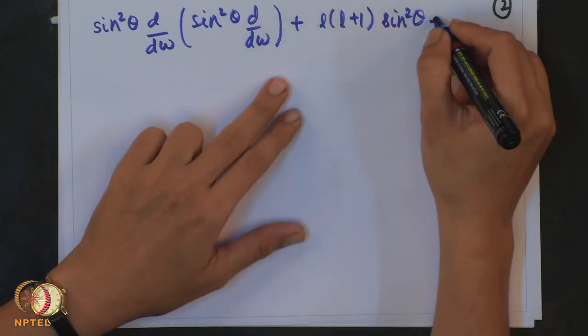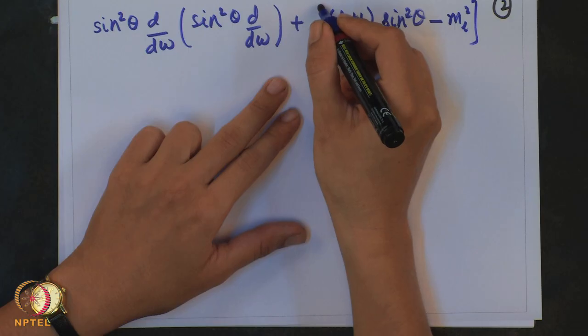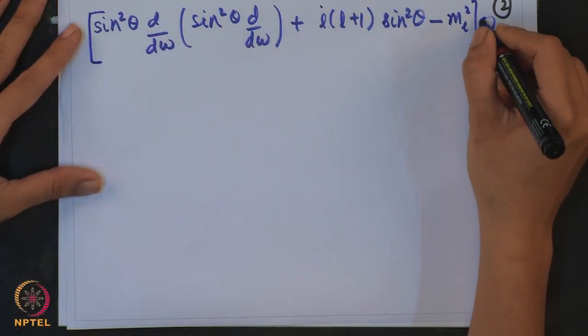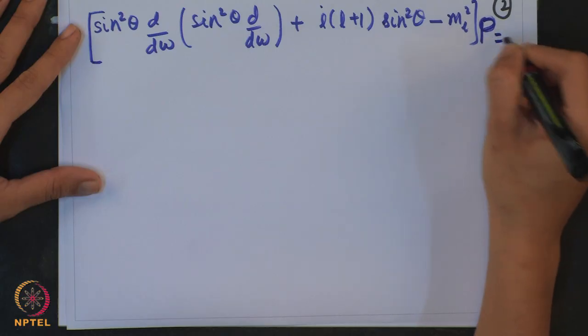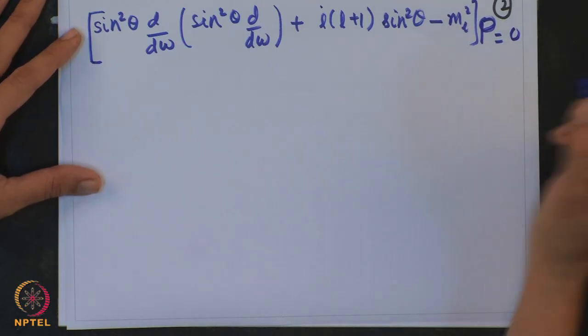So I will write common throughout as capital Theta, which is nothing but P, is equal to 0. Okay. This is the equation we have now.